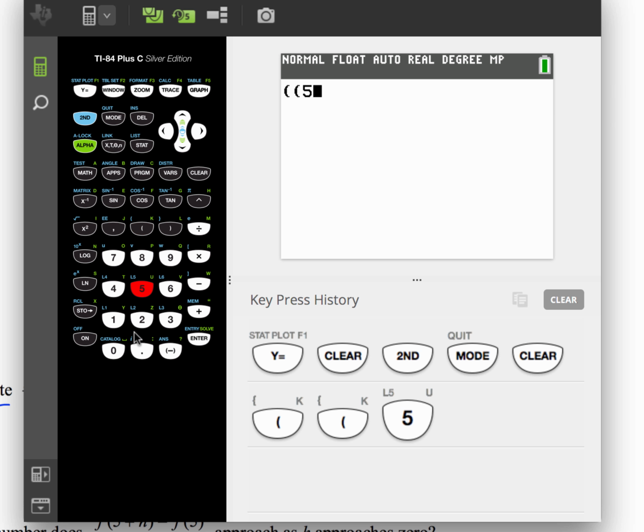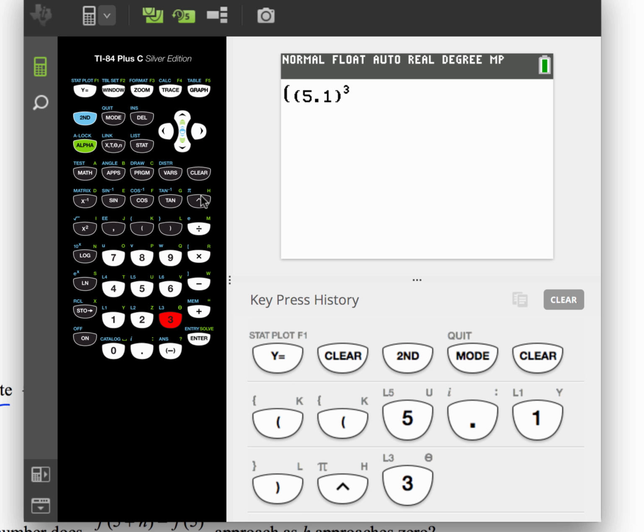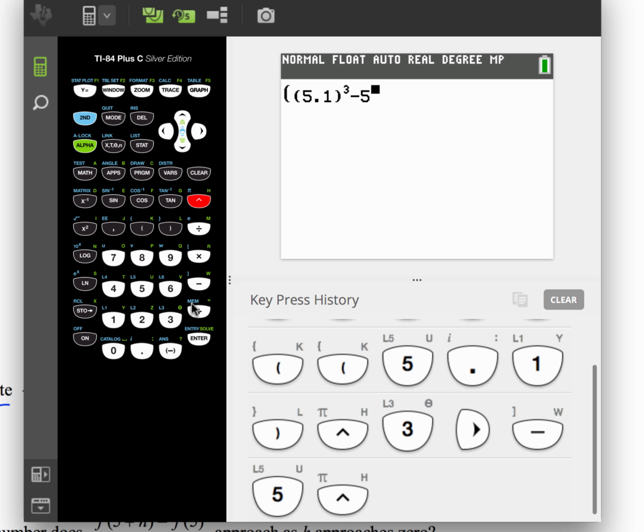Some brackets, 5 point, and that was a cubed, minus 5 cubed, which is of course 125, but I'm using my calculator anyway. Make sure my brackets, no. Okay.